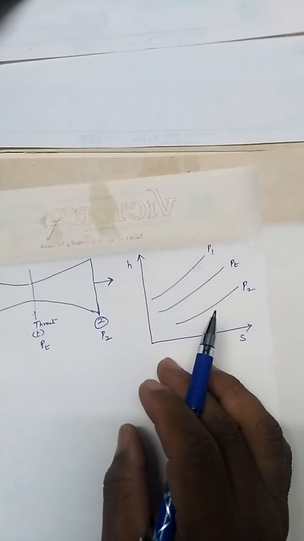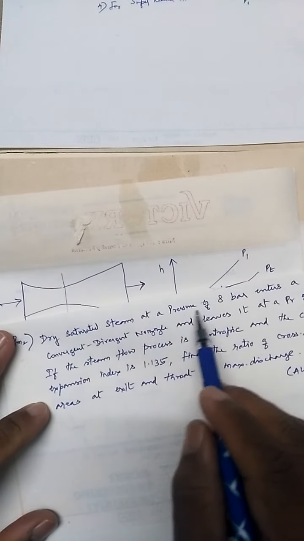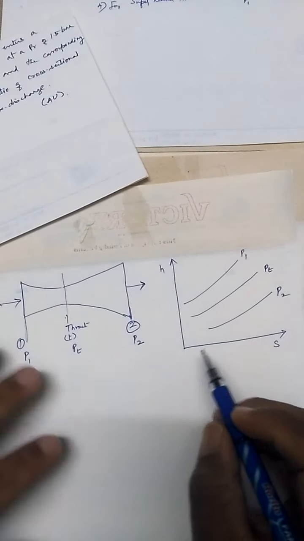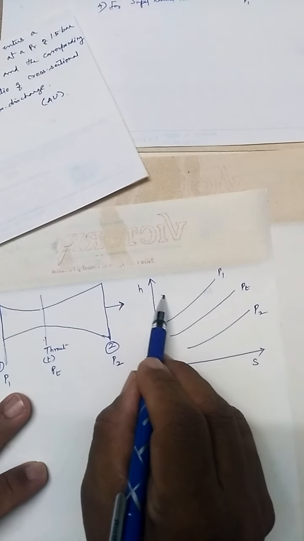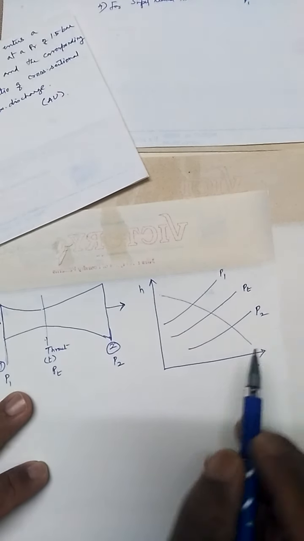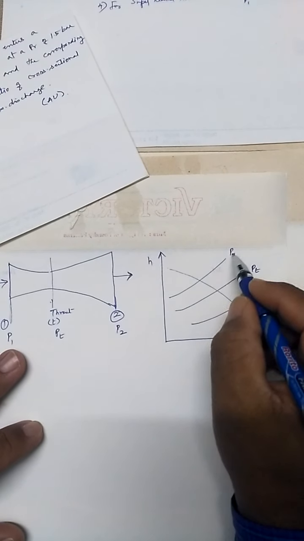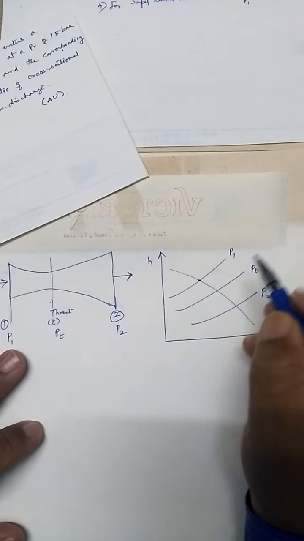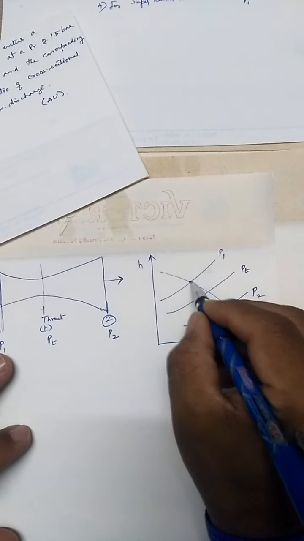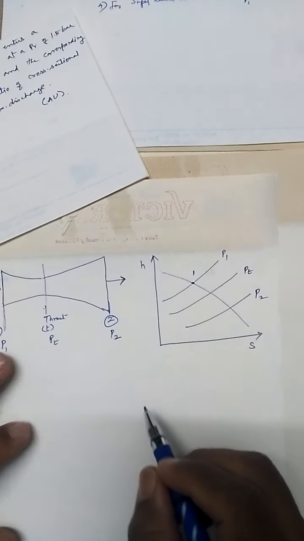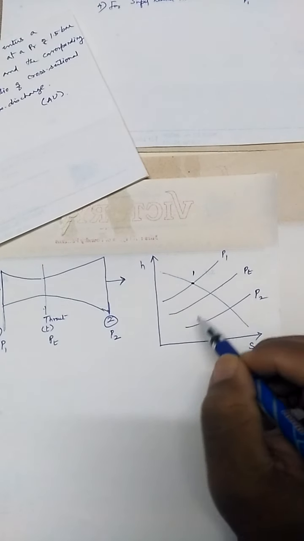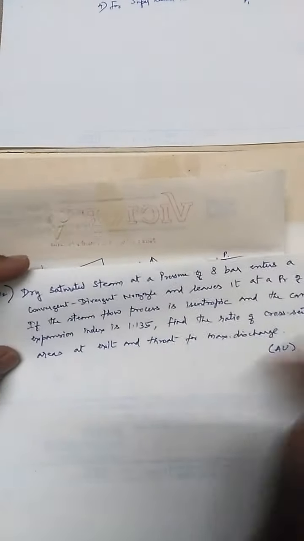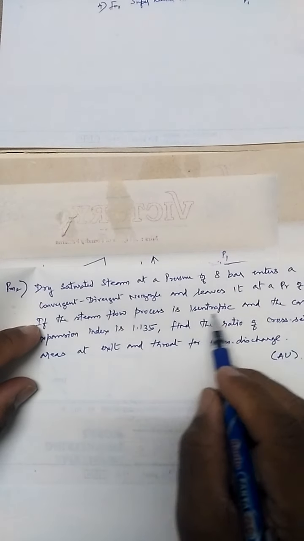It is given in the problem that dry saturated steam enters. So the entry point will be on the saturation curve. Let us draw the saturation curve like this. For this pressure, this point is the entry point. This is our point 1, and the expansion takes place from here isentropically.